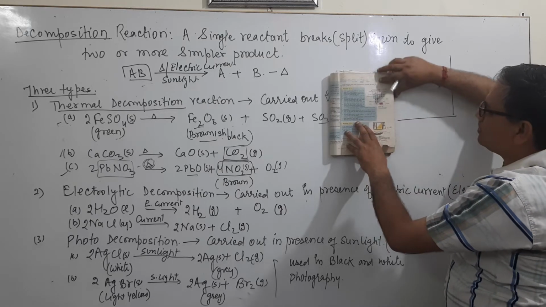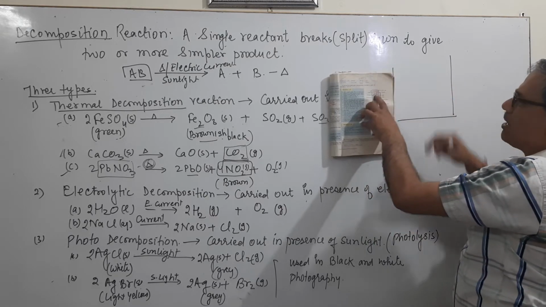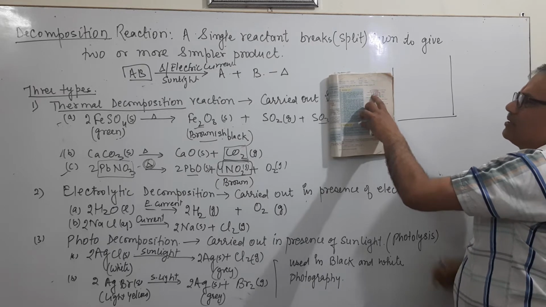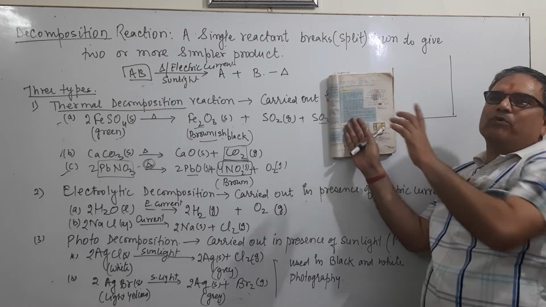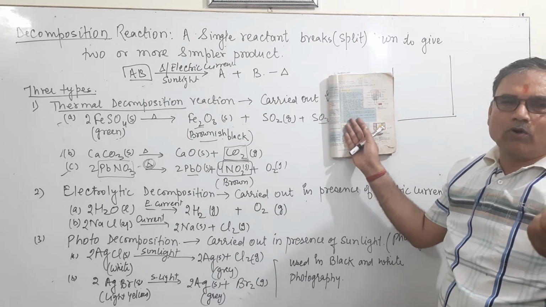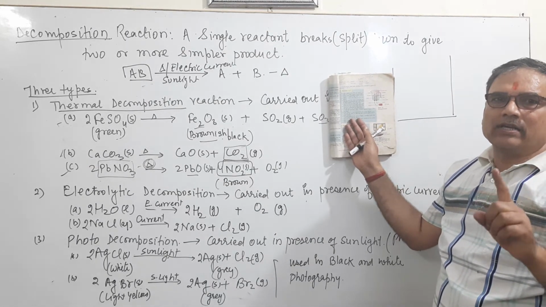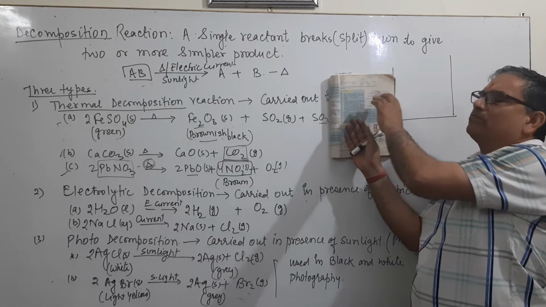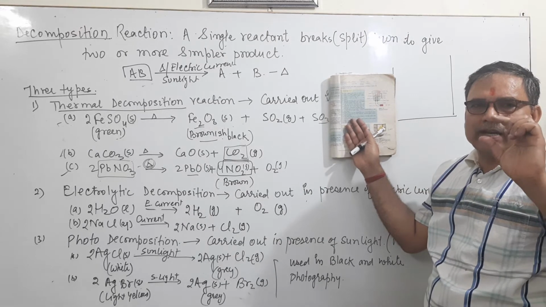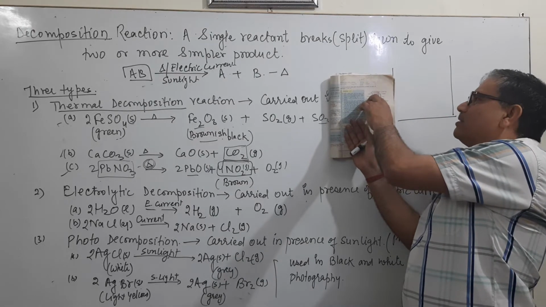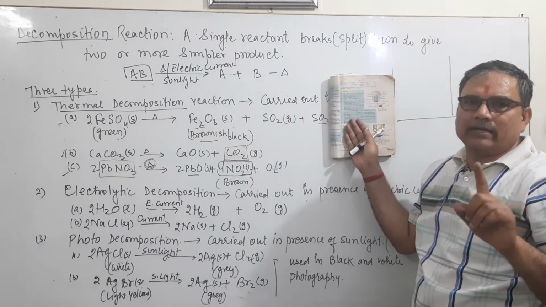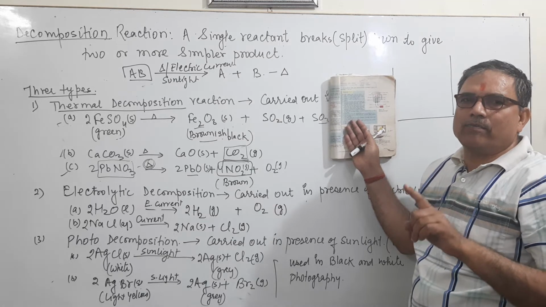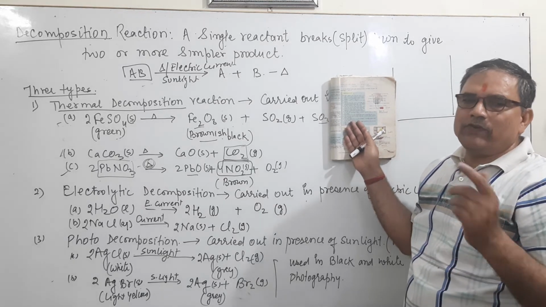Here there is some white area; the white portion is more here and less there. In the region where the white portion is large, the hydrogen gas is collected, and where the volume is very less, the oxygen gas is collected.